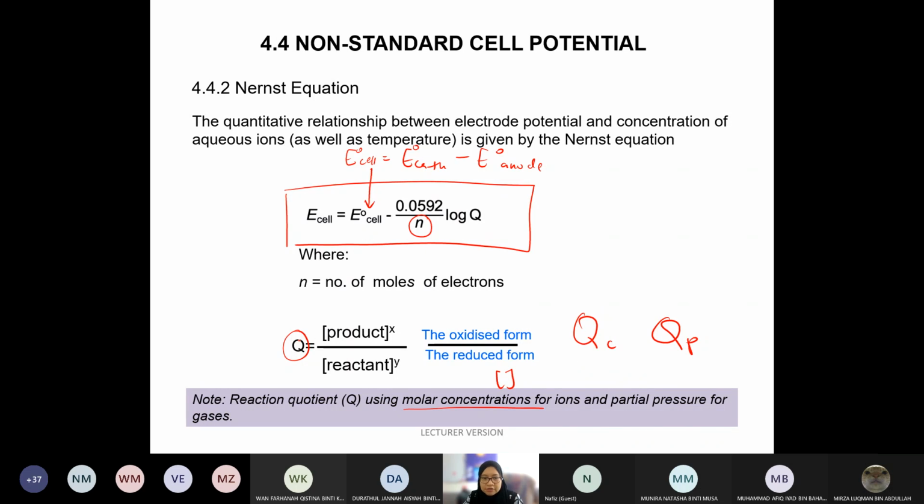When you put it into Q, you can combine concentration and pressure in the same Q expression. That is why there is a note there: it can be Qc, Qp, combined into the same Q expression.